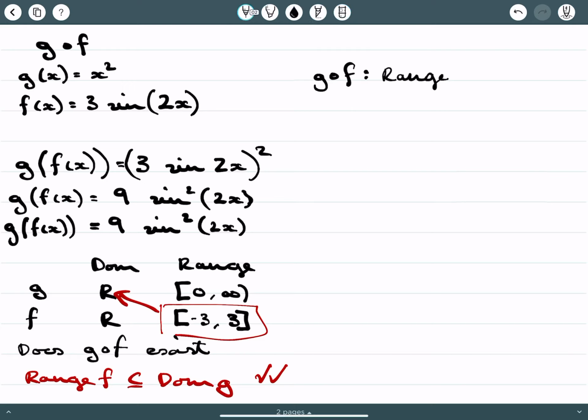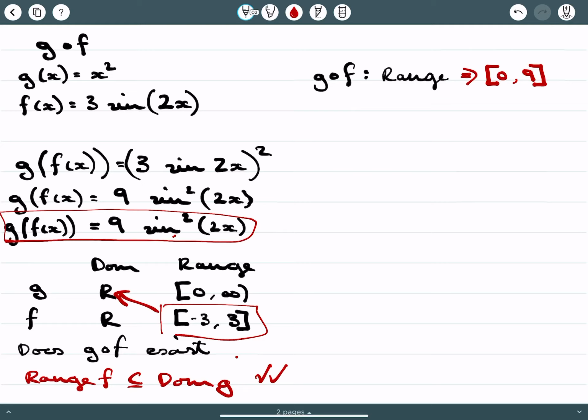If I'm looking at this function here, what are my maximum and minimum terms? We can say here that my amplitude is going to be 9, and normally we would think that's going to run from -9 to +9 because it's a circular function. But because it's got this sine squared, effectively every negative value is going to become positive. So the minimum value that we can have for our range is going to be 0, and the maximum value is going to be 9.